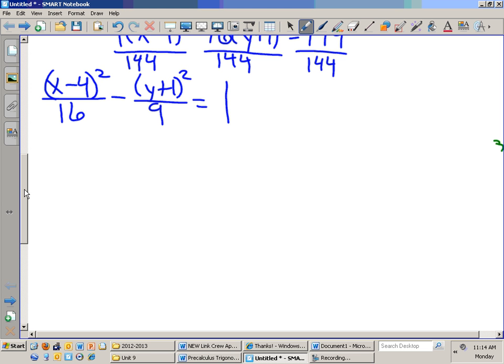Now we need to graph it. We need to find all the interesting characteristics about it. And I'm going to encourage you that as you identify a characteristic, we graph it as well right away. So let's start with the easy part. What's the center of this hyperbola? 4, -1. Remember, it's opposite of what you think on the inside.